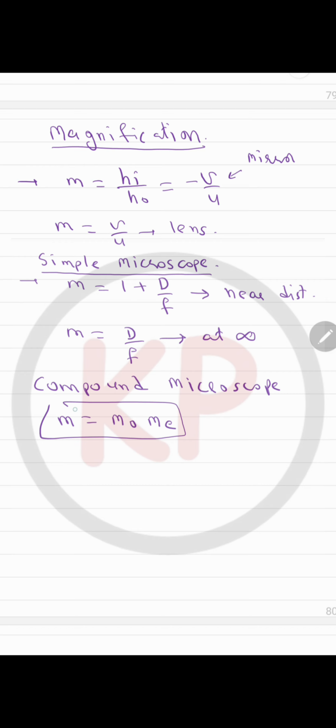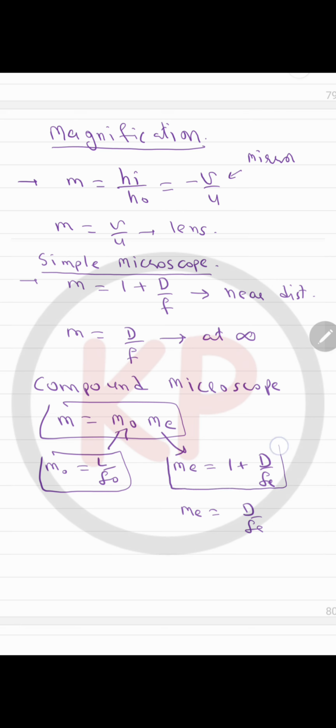The value of MO is L by FO, and this is ME. You can remember it like L by FO, L in numerator, FO in denominator. ME is either 1 plus D by FE or ME is equal to just D by FE. There are two formulas for magnification of eyepiece.